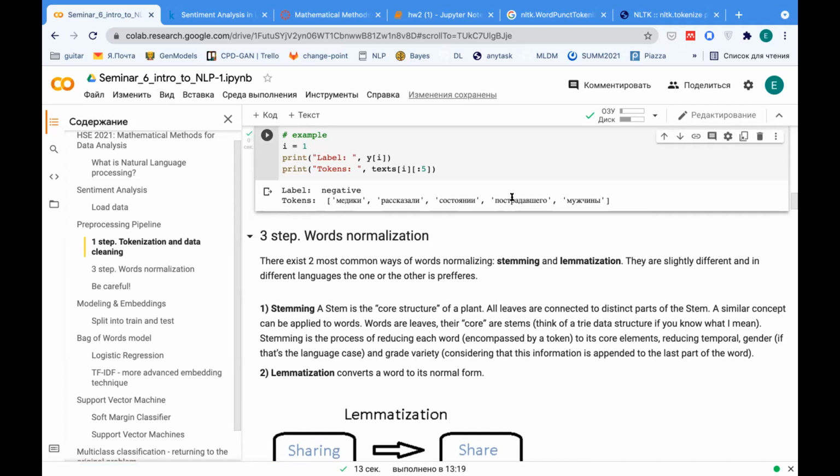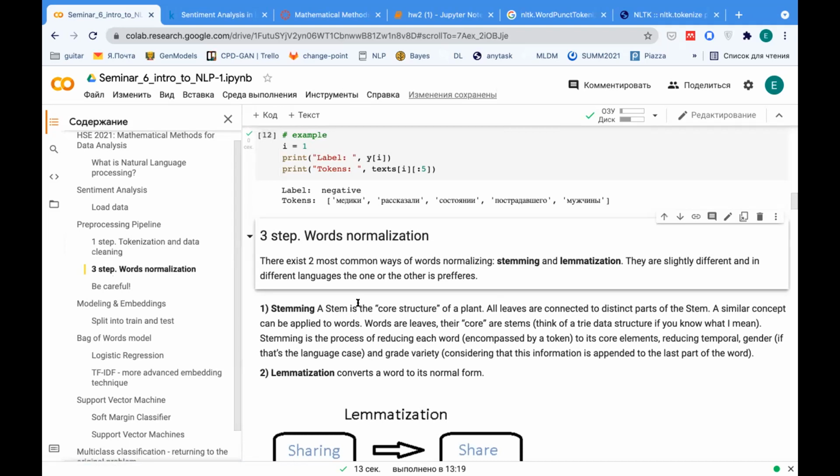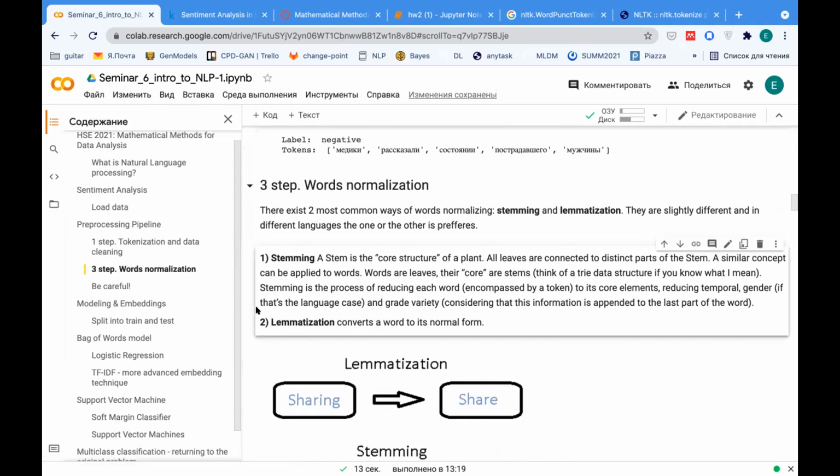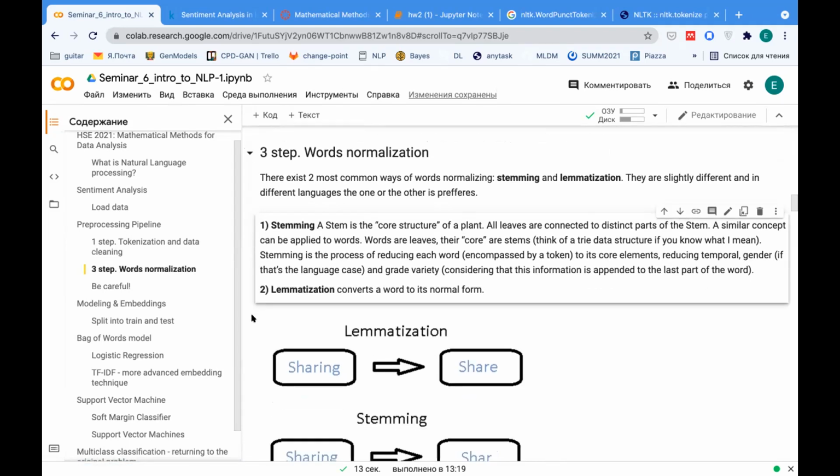So we will try to normalize our words, so the number will not be so big. To do it, we can use one of the techniques. There are two techniques that we can use.